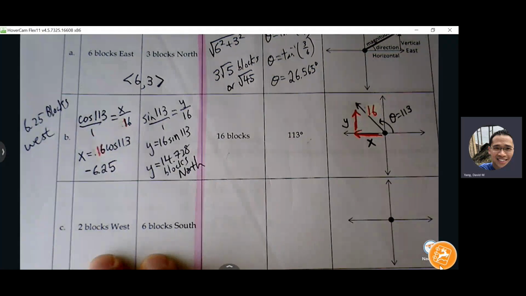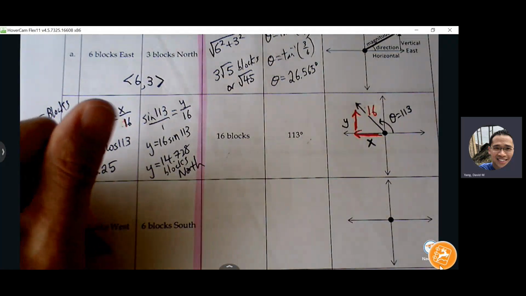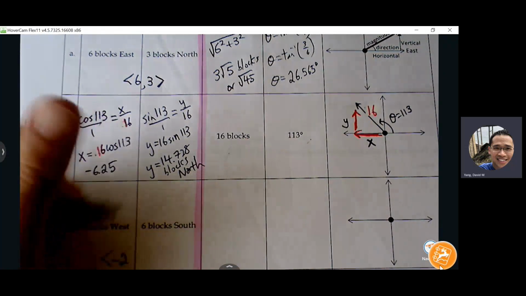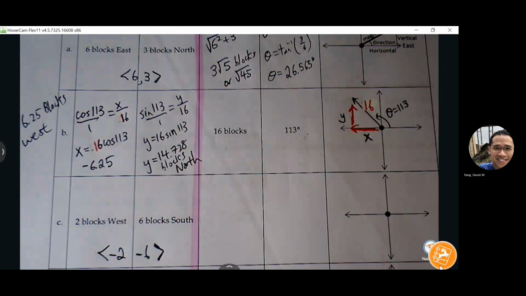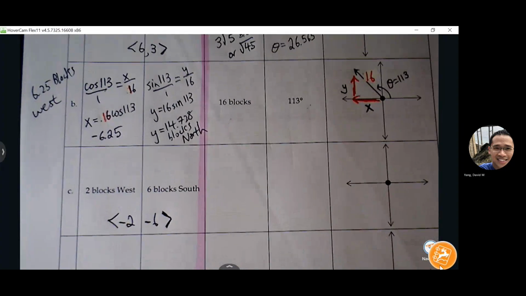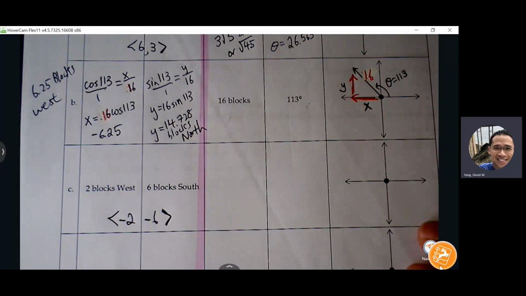Okay, 2 blocks west, 6 blocks south. I'm just going to put it in component form here. This is -2 and -6. Okay, which quadrant?